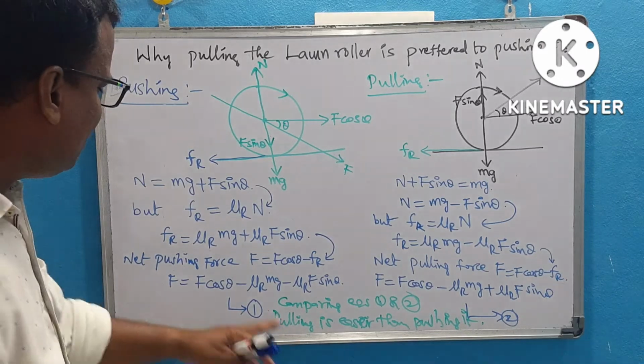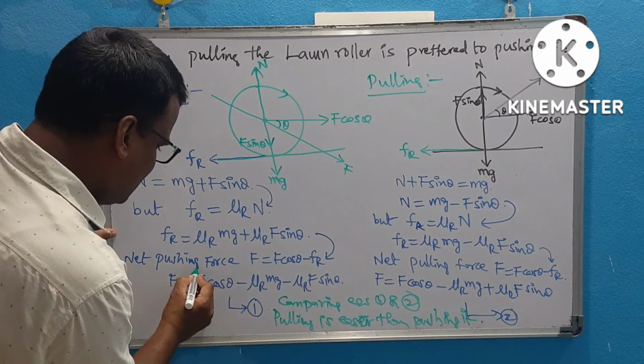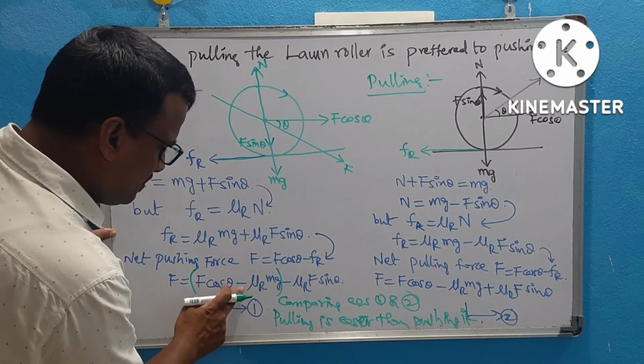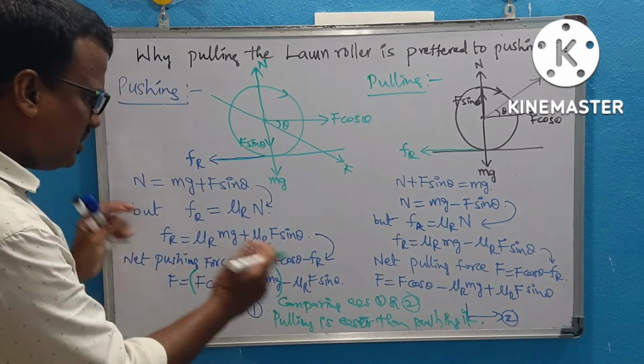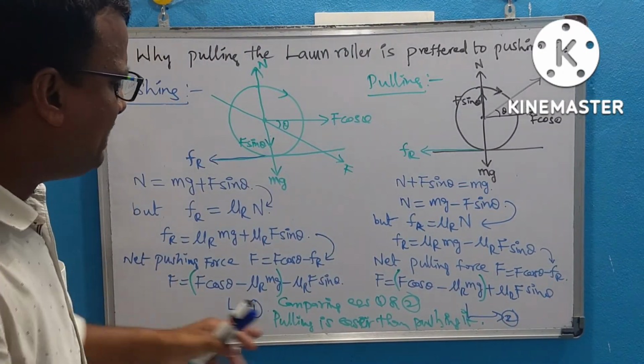So how can we say that? Here you can observe equation 1 and equation 2. Here F cos theta minus mu r mg. In the bracket term, here also I can put a bracket.